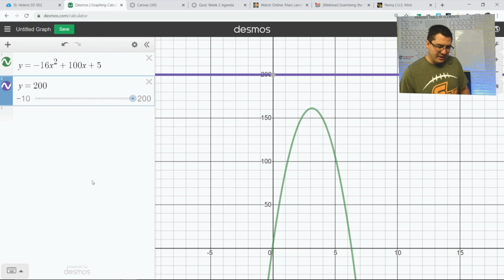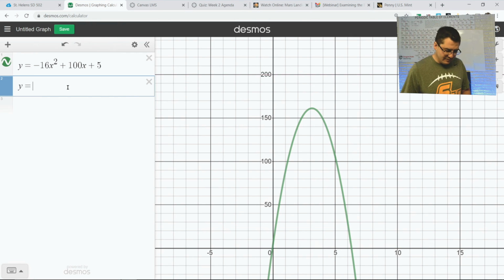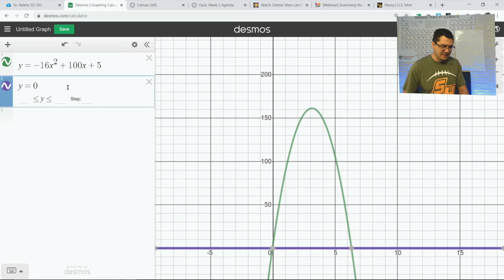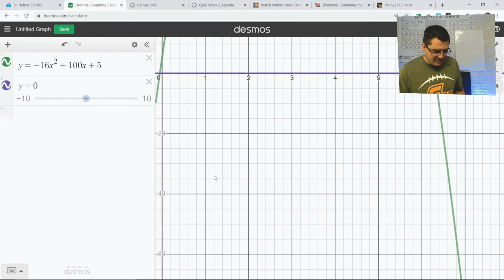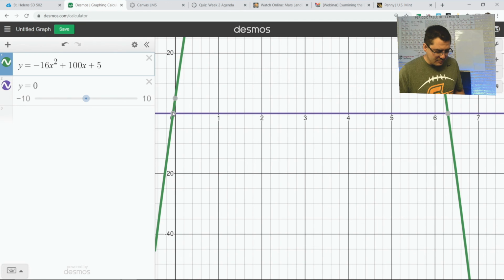And if we were talking about when it reaches zero, so say I was solving for zeros, I'm just pointing out lots here. You notice there's a solution at negative 0.05 and one at 6.3.